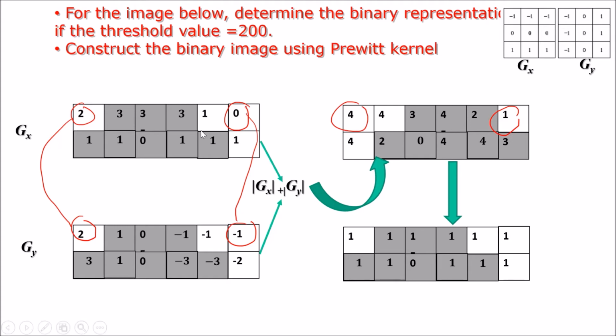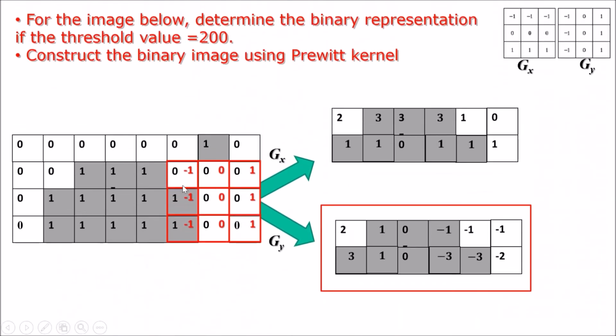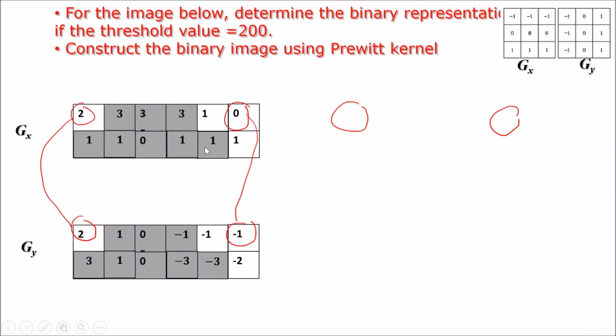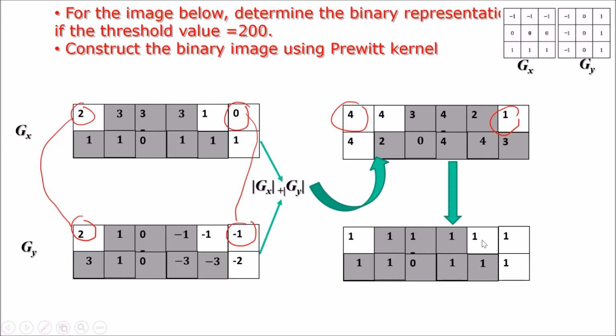So this is the whole process. It's quite simple and quite straightforward. You should note that the most important thing is that you need to find the response in the x and y direction, gx and gy. This is the first step. And then the second and final step is very straightforward and quite simple to calculate.